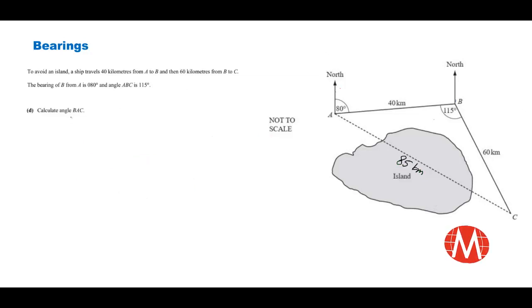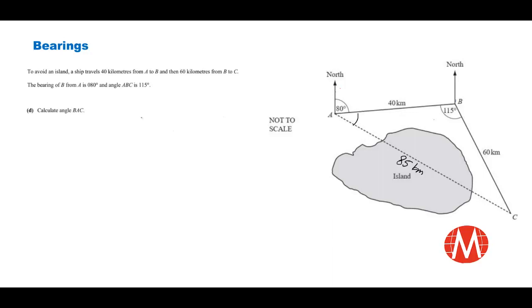In the next part, calculate angle BAC. We have to calculate this angle. Now it is up to you. You can use either the sine rule or the cosine rule. Because we are now given three sides, you can use the cosine rule here, but you can use the sine rule as well. Let me use the sine rule to find this angle.